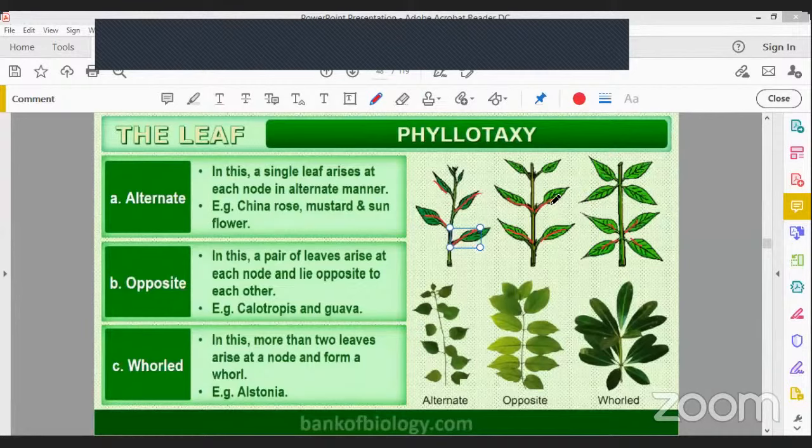So write down, students, and please do write down the examples. So for alternate, China rose, mustard and sunflower. So opposite, calotropis and guava. Okay.